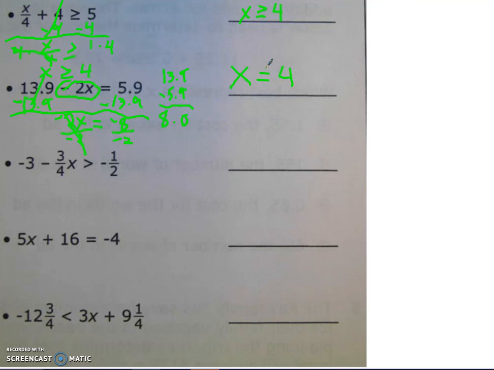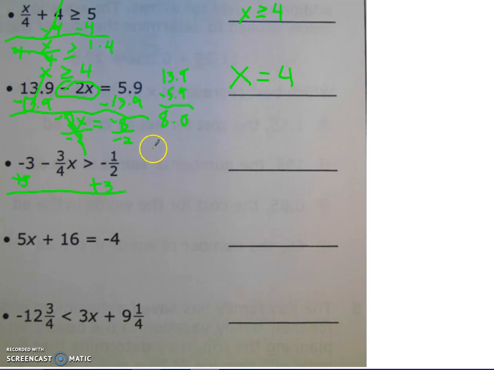All right, the next one, I have to get negative 3/4 x by itself. So I have to get rid of minus 3. The way that I get rid of minus 3 is that I'm going to add 3 to both sides. When I do that, I have a negative 1/2 and a positive 3. These are different signs, so subtract.